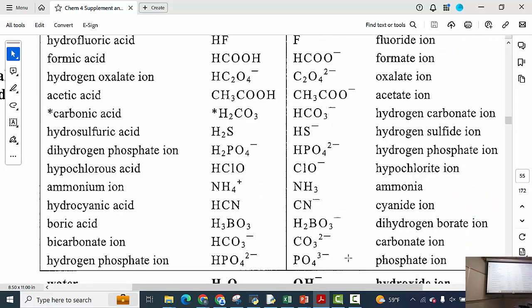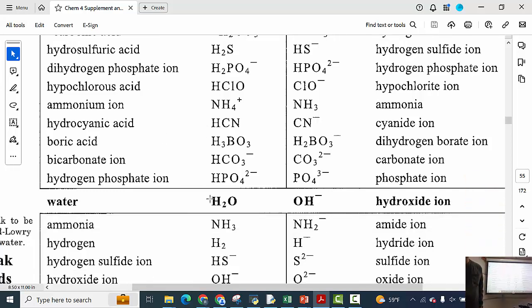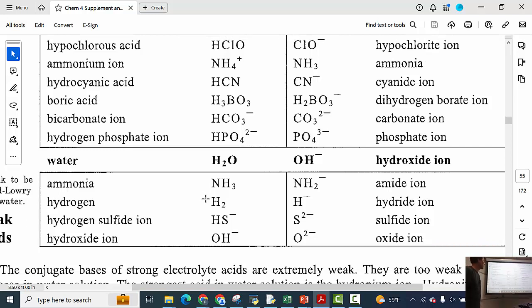As we go farther down on the acids, these become more and more stable. Becoming more stable means it's less likely to lose the proton, and so it becomes more and more difficult to ionize and to hydrolyze the proton off of these acids. Then we come to water, which isn't a very good acid.